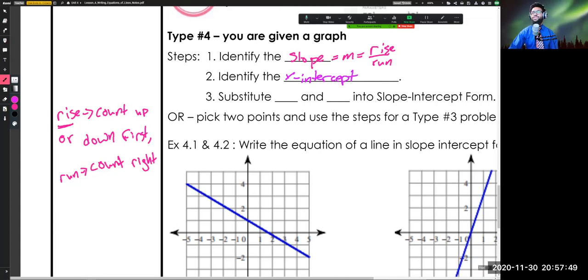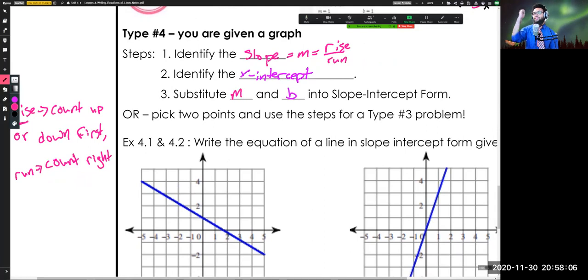And then we're going to substitute the m and the b into the slope intercept form, okay? So substitute m and b into the slope intercept form, all right, which is what we were used to doing. We've done that quite a bit.